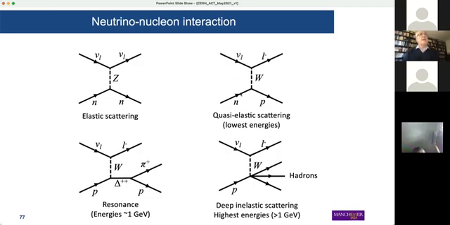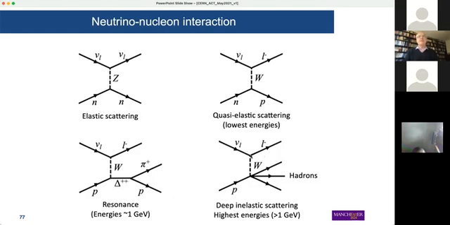This is neutrino scattering on a nucleon. So this can be elastic scattering. It can be quasi-elastic scattering, which is shown here, where you turn the neutron into a proton. But it can also produce a delta resonance. All of these, of course, are weak interactions, which would produce a pion and a proton. And that would be at roughly the mass of the delta resonance.